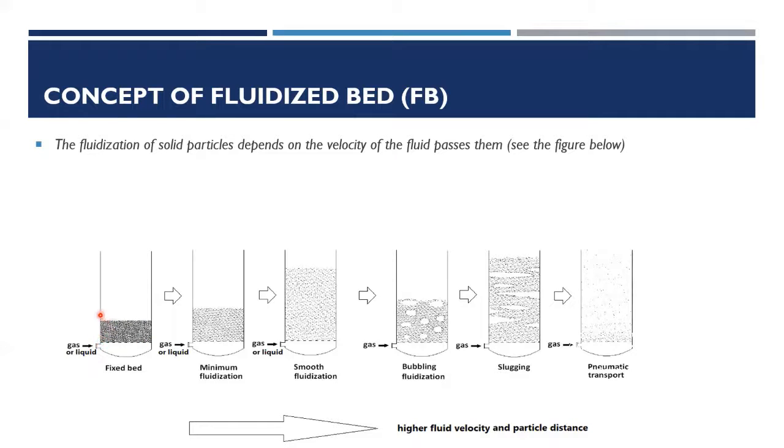However, as you can see here, this fixed bed does not have anything stacked up above. So when the fluid comes in from the bottom with a higher velocity, it will start to move the packing material, starting to behave like a fluid, starting to move.